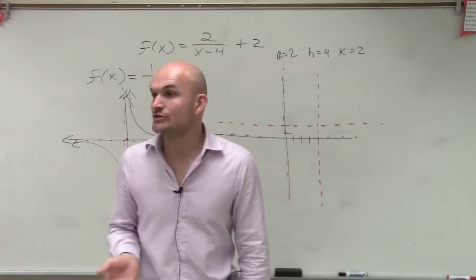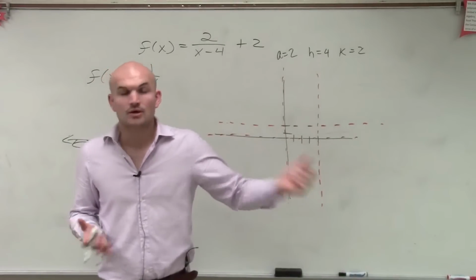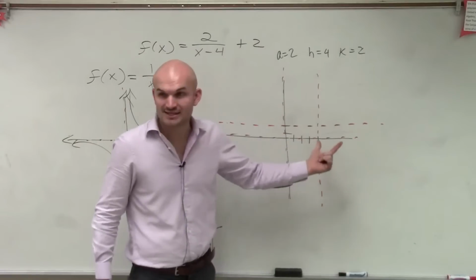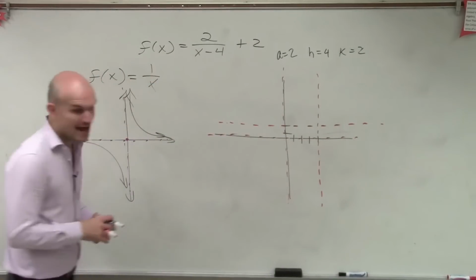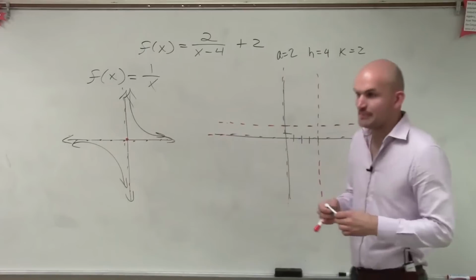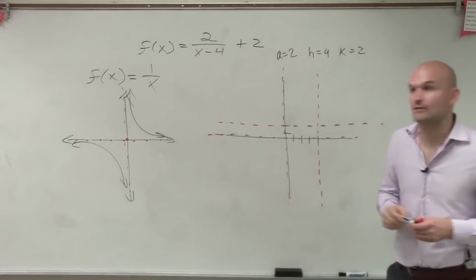For a quadratic, I told you to evaluate at least 2 points on either side of the axis of symmetry. For a hyperbola, it's the exact same thing. I want you to evaluate at least 2 points to the left and to the right of the asymptotes. Right now we kind of know what the shape of the graph is, but we have a stretch of 2, so I want to see how that's going to affect the graph.